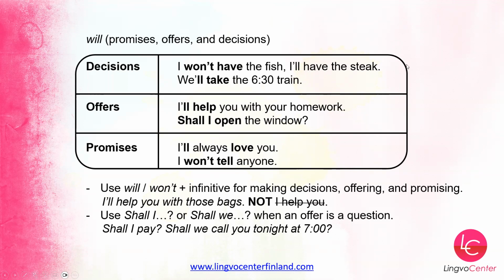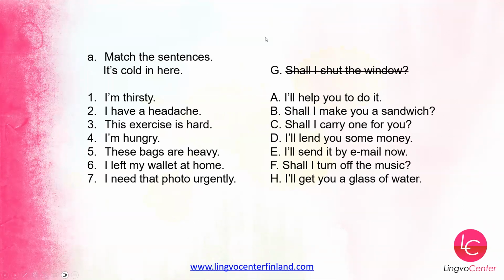Okay, so now let's take a look at the tasks. Task A. We need to match the sentences. The first one is going to help us see how this should work. So A, B, C, D, E, F, G, H, and 1, 2, 3, 4, 5, 6, 7, and 0.